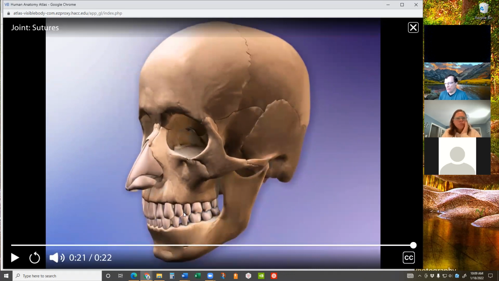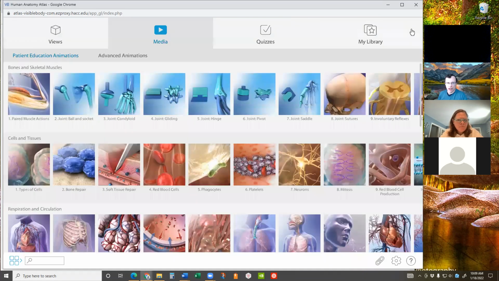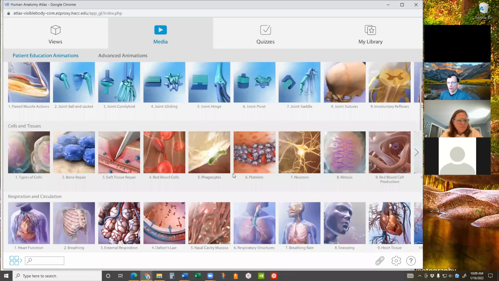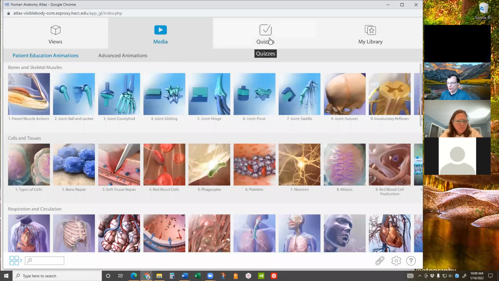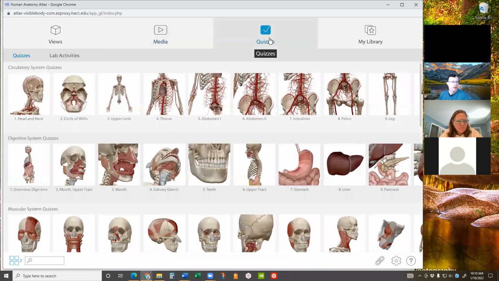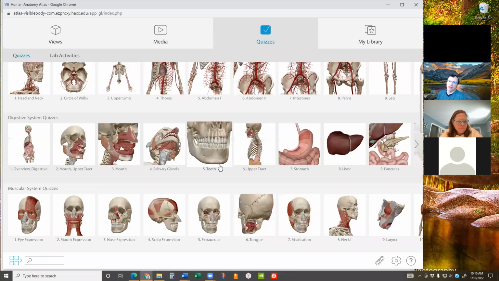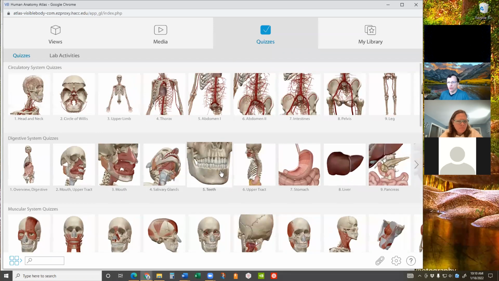Okay, so that went fast, but you can look at that again during your own private study time. The point is that there is media relevant for the content that you're going to be asked to learn. There are also some pre-organized quizzes. Some of them will be more or less helpful because they're not customized for our course, but there are some quizzes that can be helpful.